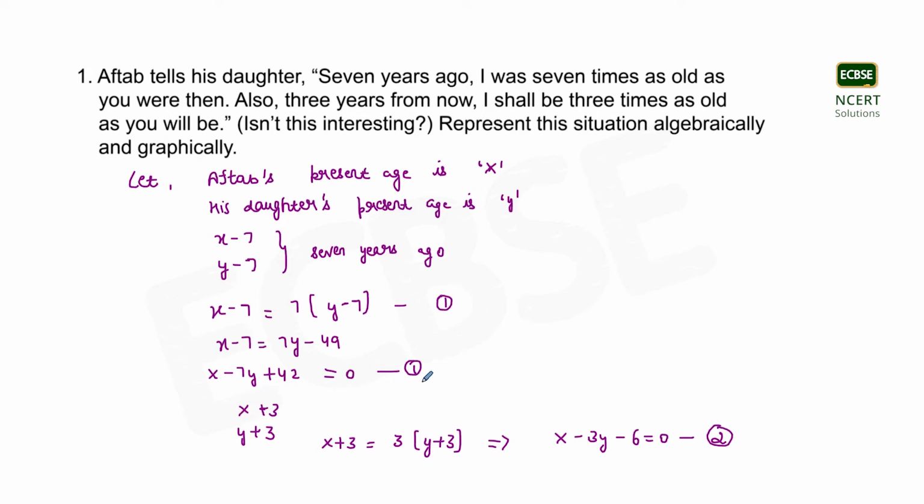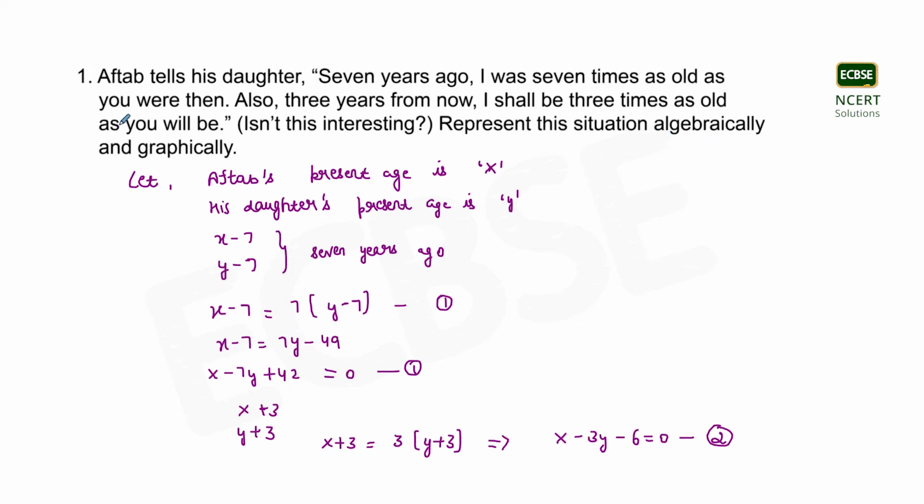If we clearly see statements 1 and 2 in the solution which we have marked, there are variables x, y and the constants in the first statement are 1, minus 1 and plus 42. Means this is an algebraic equation. And the second statement also involves variables as well as constants, means this is also an algebraic equation. So we have represented the situation algebraically.